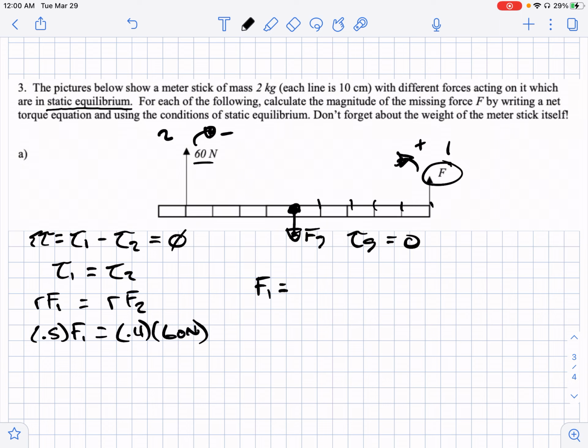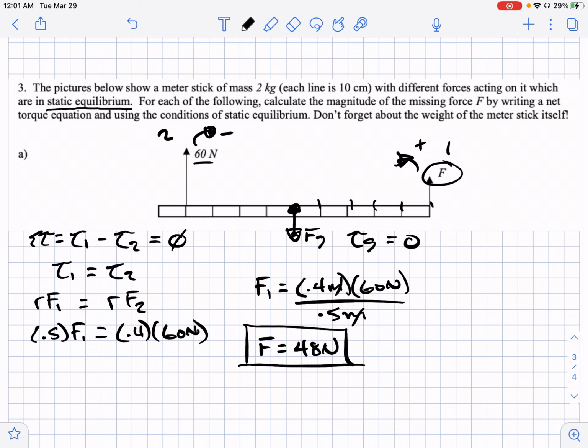So that unknown force is equal to 0.4 meters times 60 newtons divided by 0.5 meters. So my meters cancel, and then this unknown force is equal to 48 newtons.